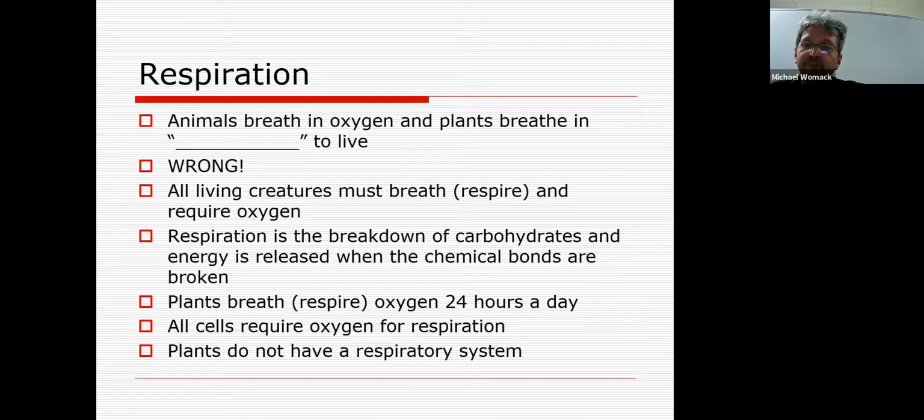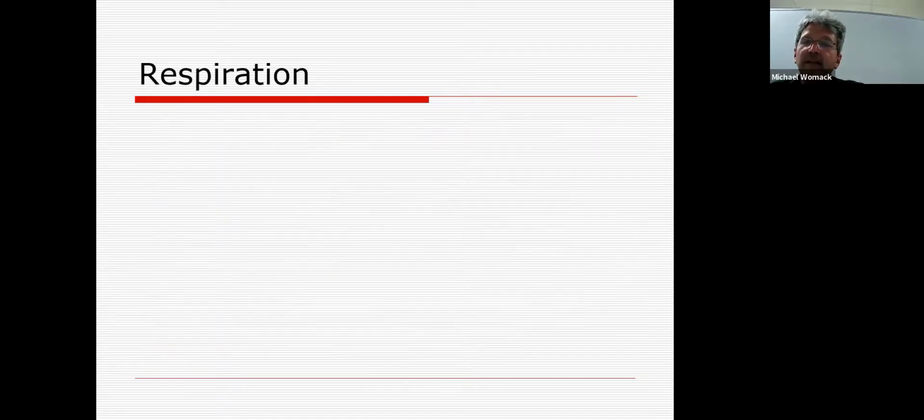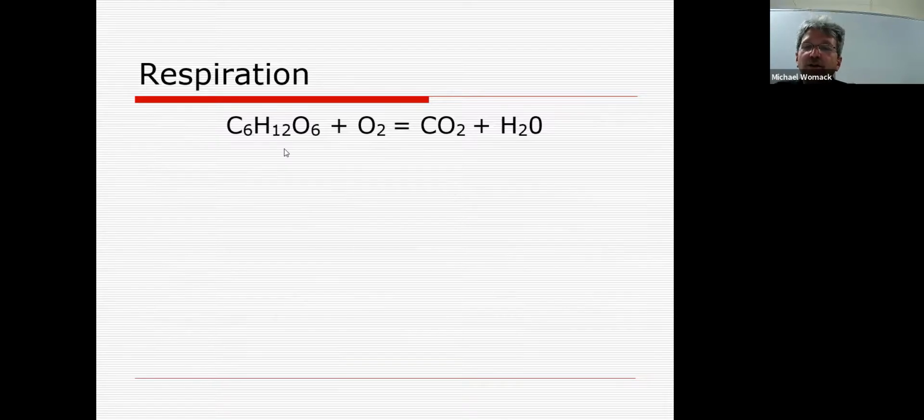So respiration, it is taking the sugar molecule. Does this look familiar? C6H12O6. And when you breathe, you need to breathe what? Oxygen. So when you have the sugar available, you use oxygen in respiration, and it's going to produce carbon dioxide and water.